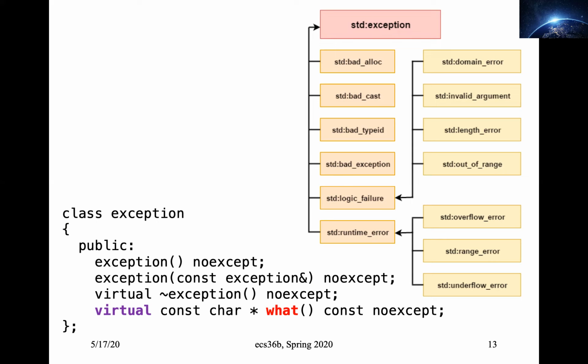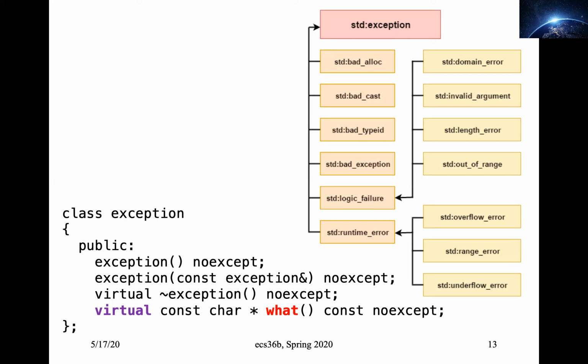The what returns a C string with the message you're providing. And then there is a virtual. It means that when you inherit, and you cast back to exception, it will still print whatever you want.